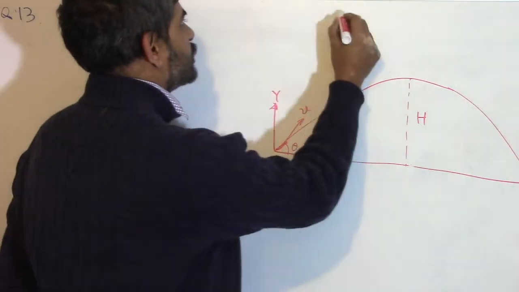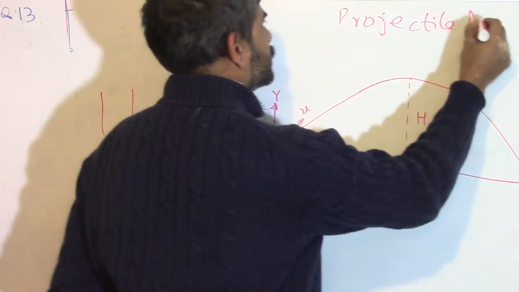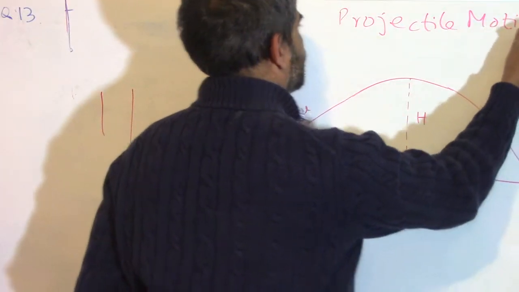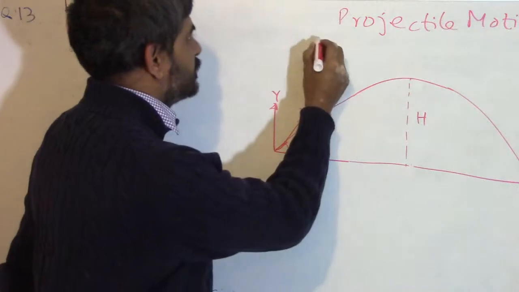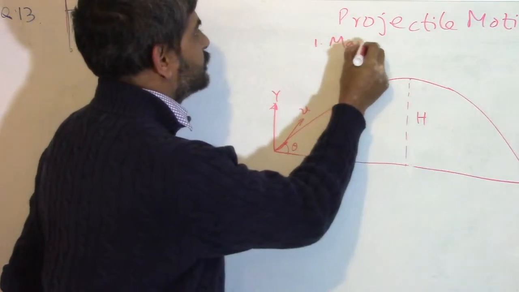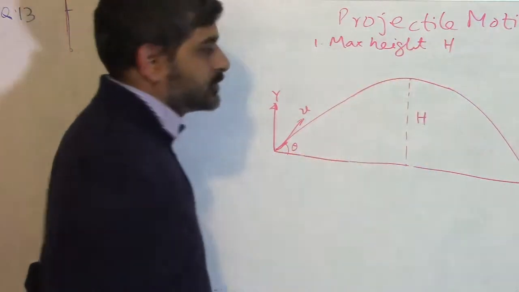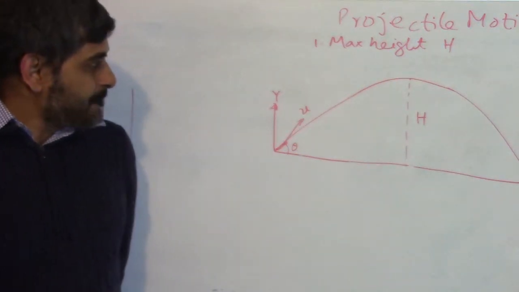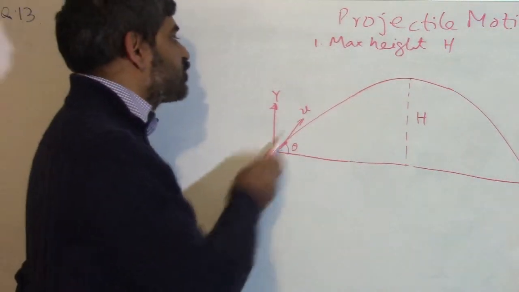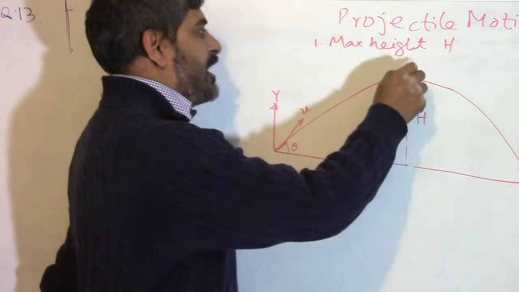Number one, in this projectile motion lecture, the first thing we need to find out is the max height, called h. Now you notice that if we throw it with a higher velocity, it's going to reach a higher height.